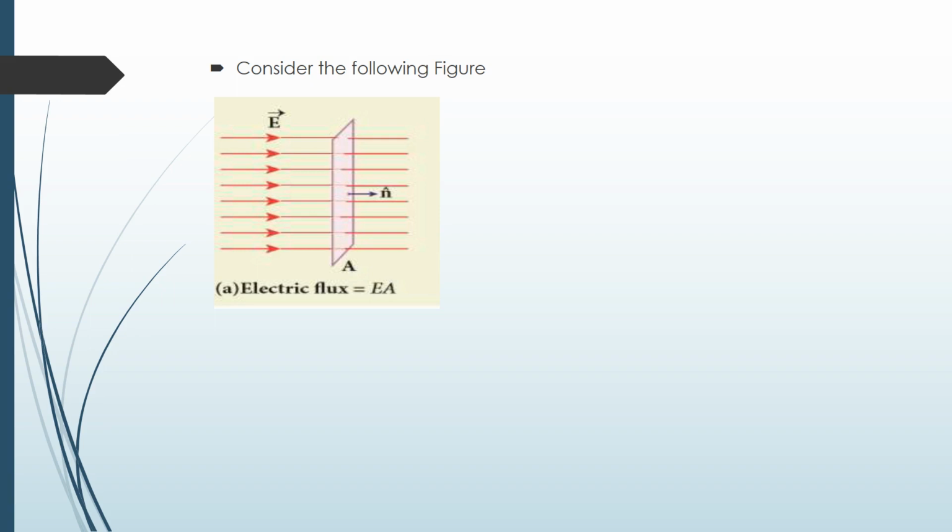Now you can see that the number of electric lines passing through this area is maximum. So when the number of electric field lines passing through a certain area is maximum, then electric flux will be maximum, which is represented mathematically as electric flux is equal to E into A.